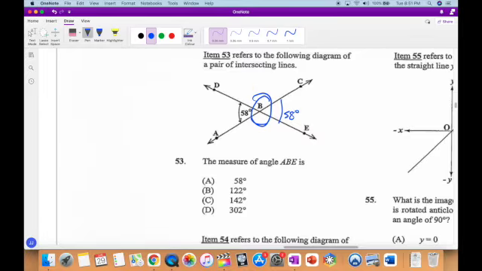So 58 times 2 is 116, and 360 minus 116 is 244, divided by 2 is 122. So that means that if the circle is 360 and these two are equal, then this is going to be 122 and 122 on this side there, so 122.